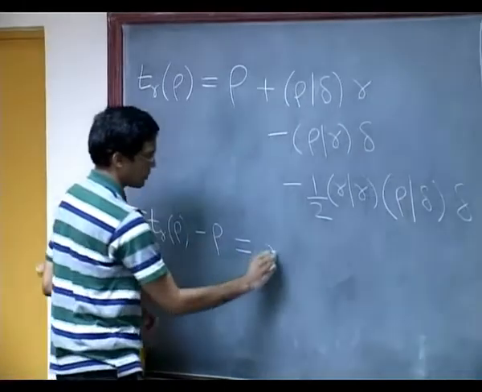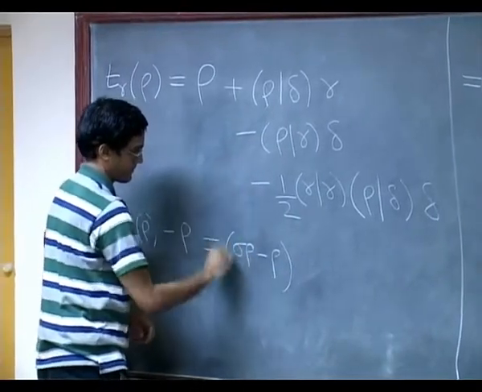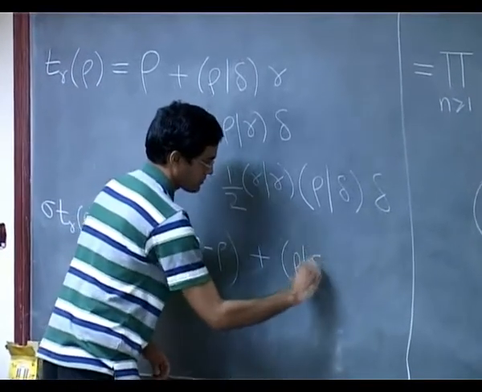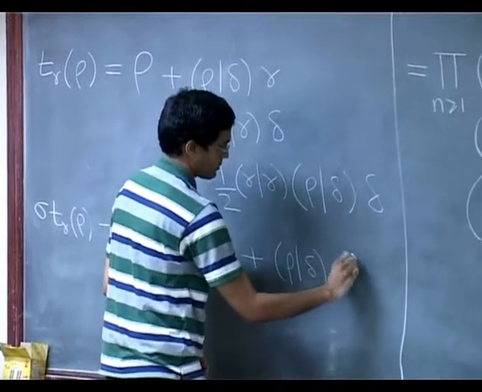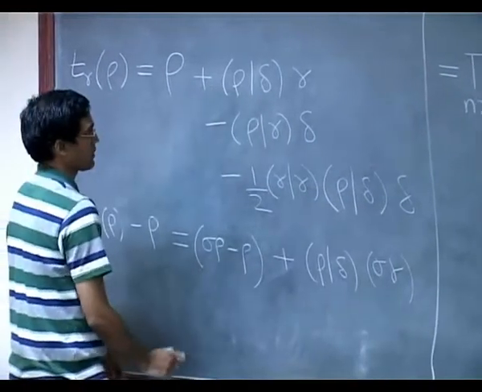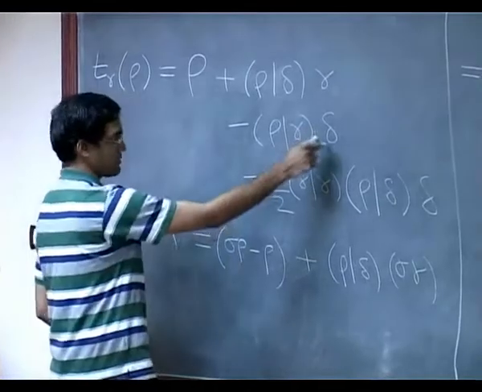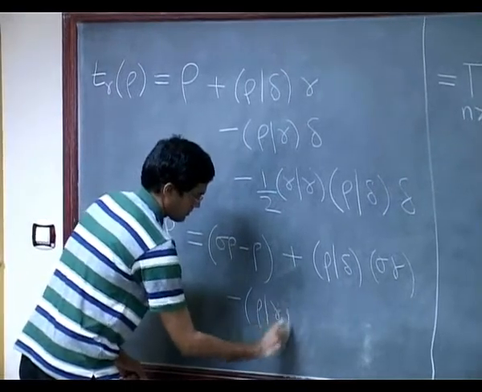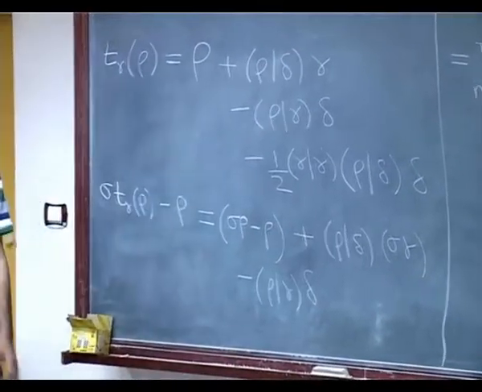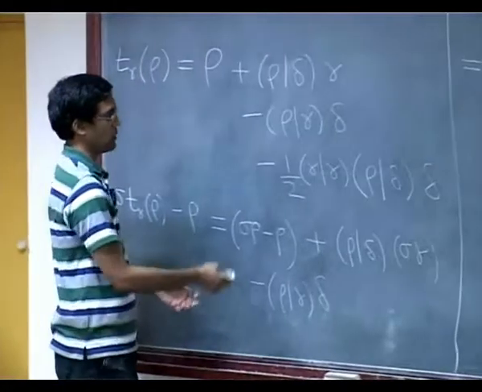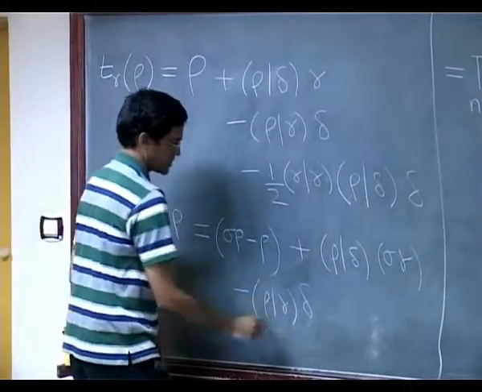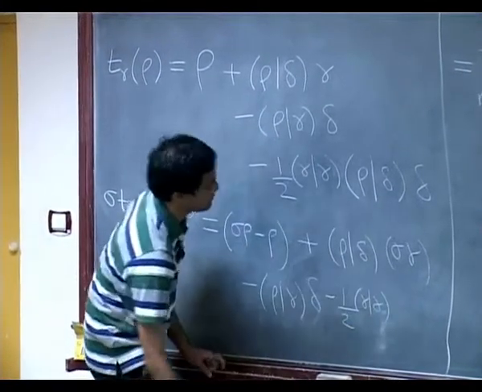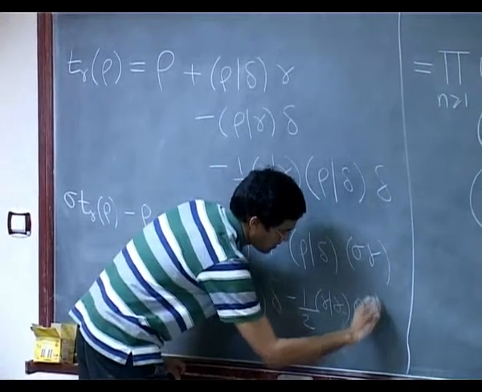So it will be sigma rho minus rho plus rho delta times sigma acting on gamma minus rho gamma times delta, but sigma delta is delta, no change there, because delta is fixed by all elements of the Weyl group. So both these terms are just the same, nothing really happens to them. Okay, good. Minus half gamma gamma rho delta.